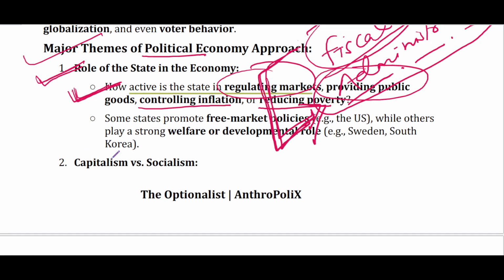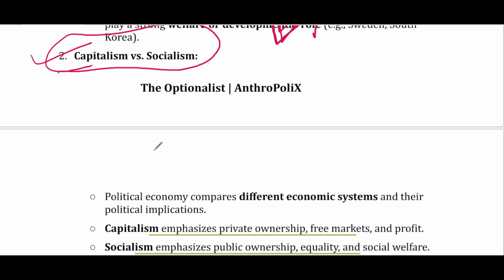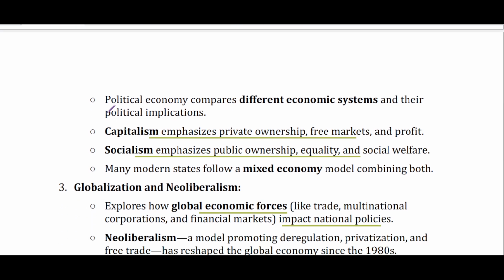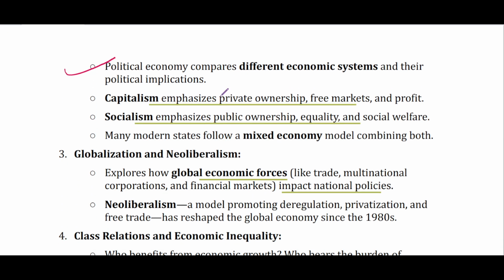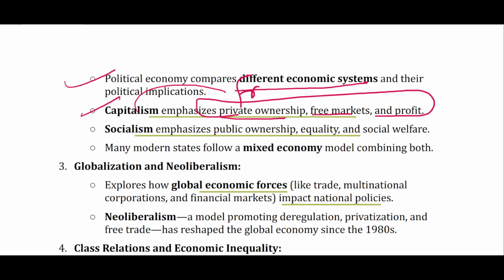Then this approach it looks at the dynamics between capitalism versus socialism. So the political economy approach it compares different economic systems such as capitalism, which emphasizes private ownership, free markets, and profit. So in short, capitalism it is about free market plus no state.